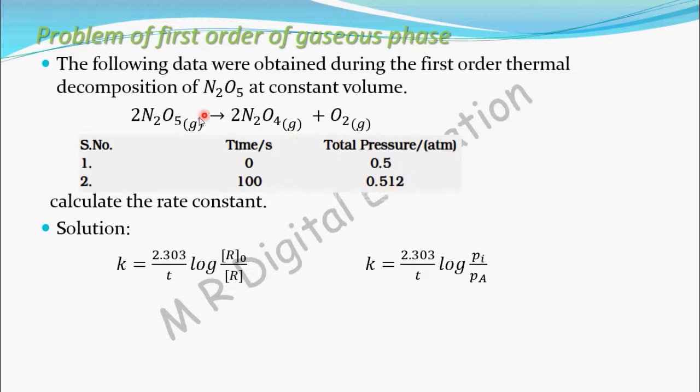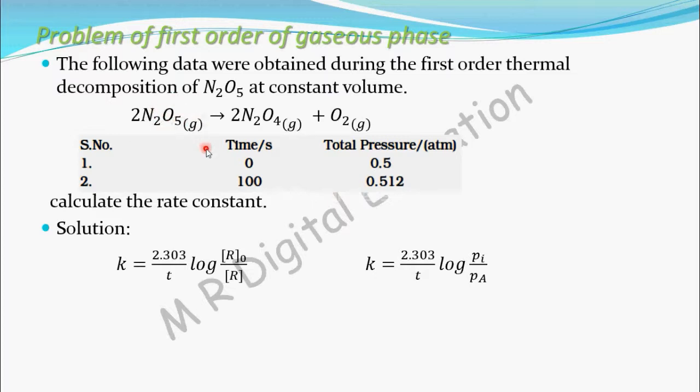As the reaction goes, N2O5 will decompose into N2O4 and O2. The pressure of N2O5 will decrease and the pressures of N2O4 and O2 will increase. After 100 seconds there will be N2O5, N2O4 and O2, all three gases, and he has given 0.512 as the sum of pressures of all three gases. But in this problem we require the partial pressure of N2O5 only.